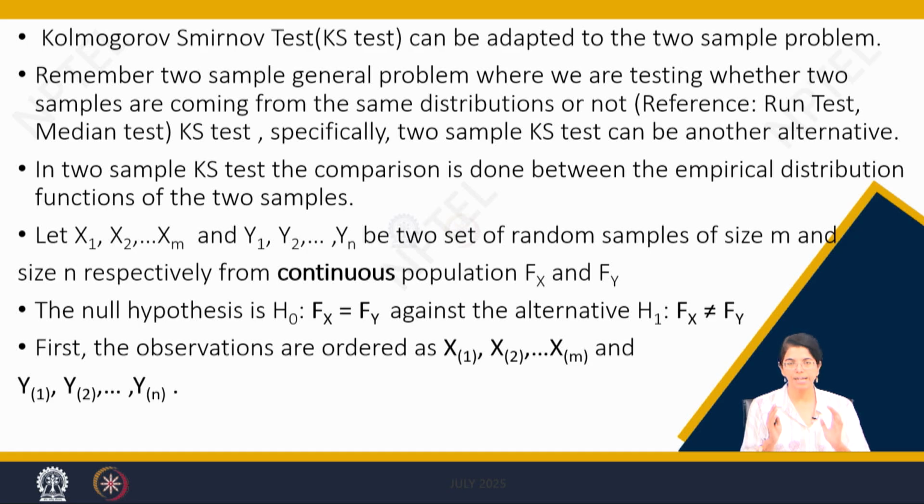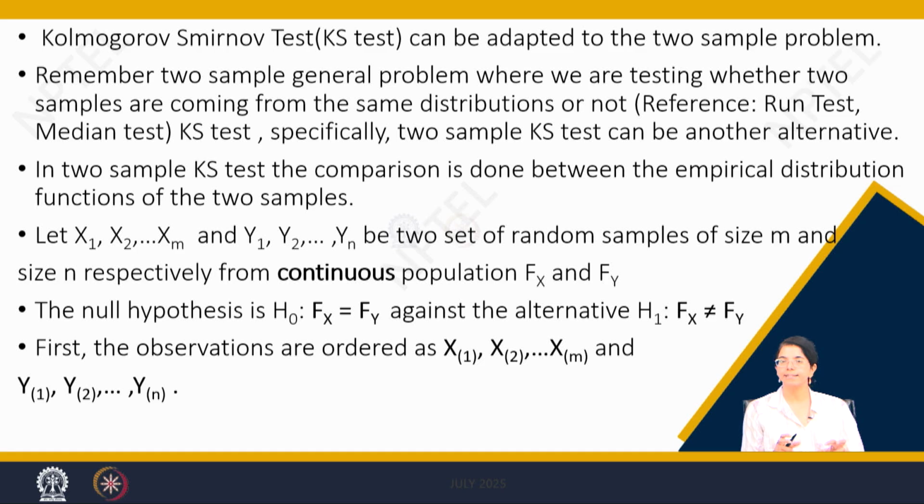So the two sample general problem encompasses inequality as the alternative hypothesis and equality under the null hypothesis. Clear? In the two sample Kolmogorov-Smirnov test, the comparison is done between the empirical distribution functions of the two samples.